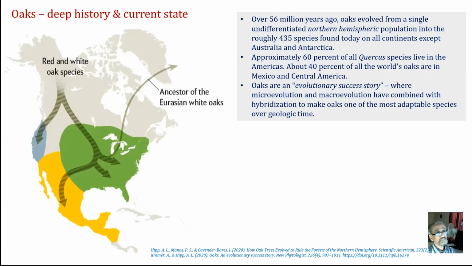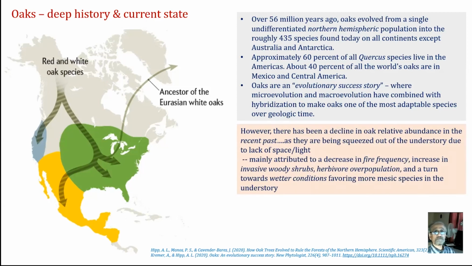And interestingly, approximately 60% of all Quercus species live in the Americas, and 40% of all the world's oaks are in Mexico and Central America. So oaks have been called the evolutionary success story, where microevolution and macroevolution are combined with hybridization to make oaks one of the most adaptable species over geologic time.